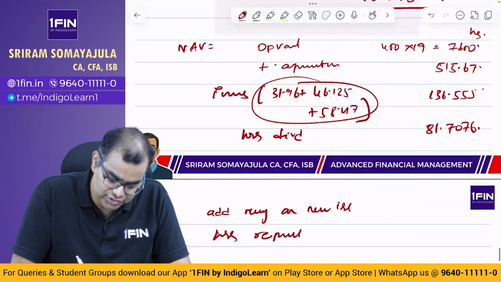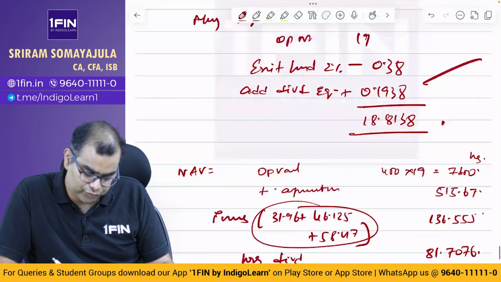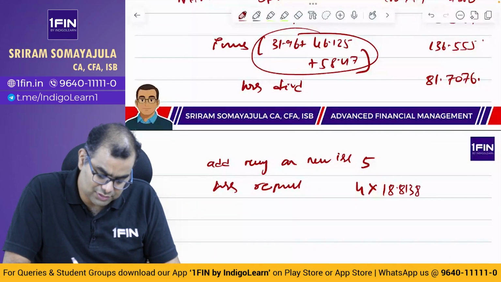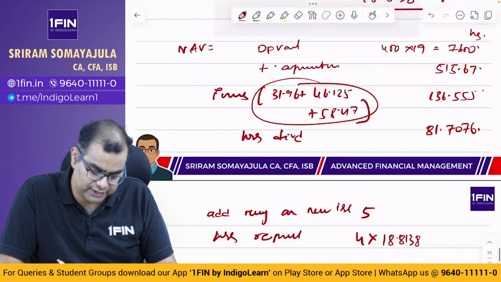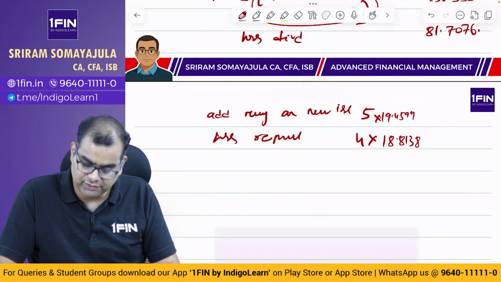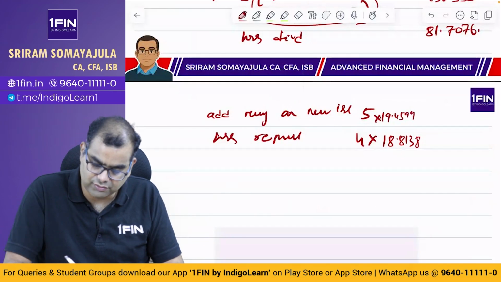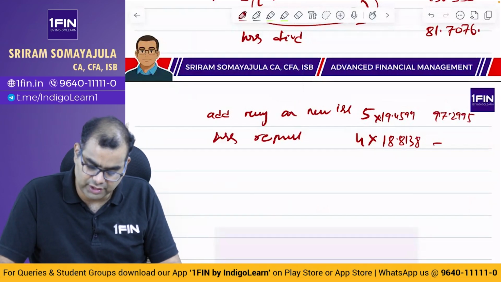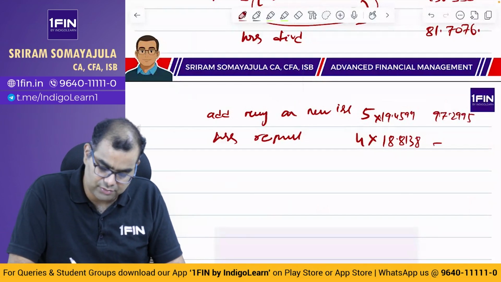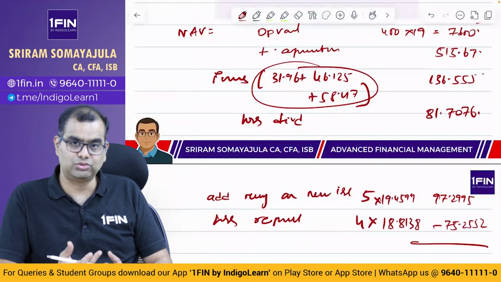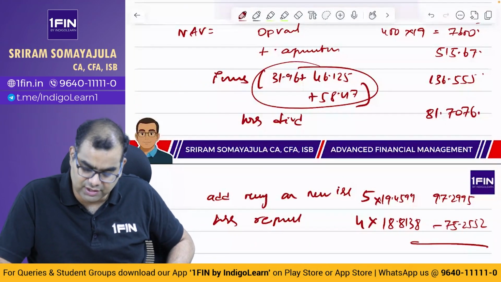New issue is 5 units, repurchase is 4. 5 into 19.4599 is equal to 97.2995, then 4 into 18.8138 is 75.2552. All the values have come in. The dividend equalization value, the entry load, exit load, everything has been considered here.